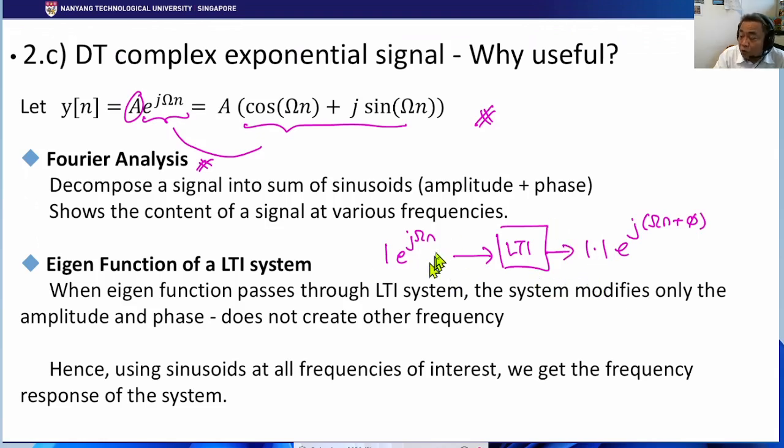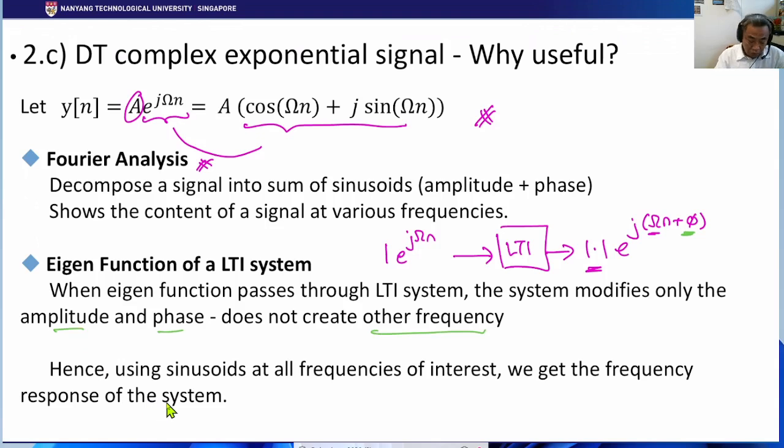So the original input, a complex exponential with amplitude 1 and this frequency, comes out with a changed amplitude, the same frequency, but a different phase. So what we say is that when eigenfunctions pass through an LTI system, the system only modifies the amplitude and the phase, and it does not create any other frequency.